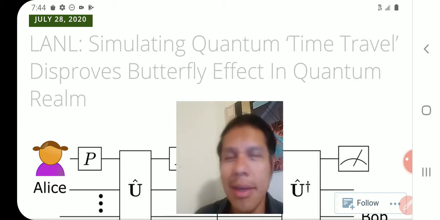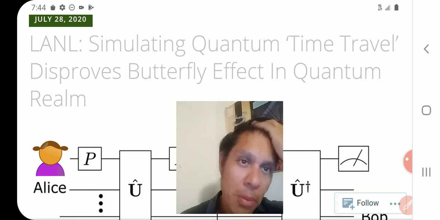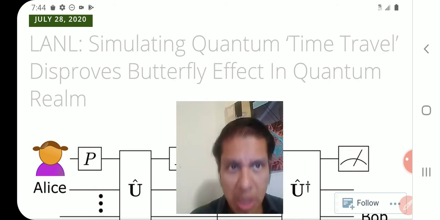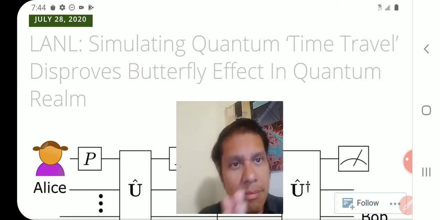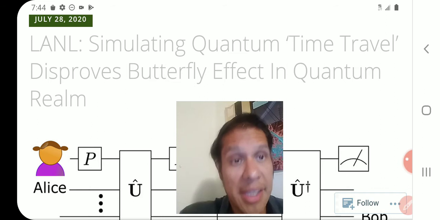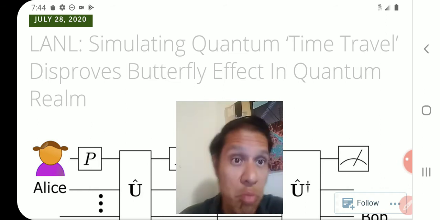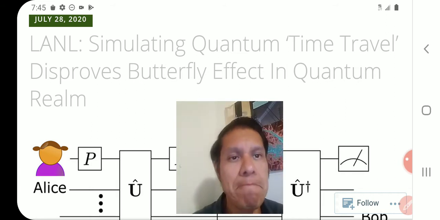Now, it sounds very interesting from a classical point of view because your intuition would say that if you return to a previous state and you damage part of that state in a classical system, when you return, you cannot bring back that state.